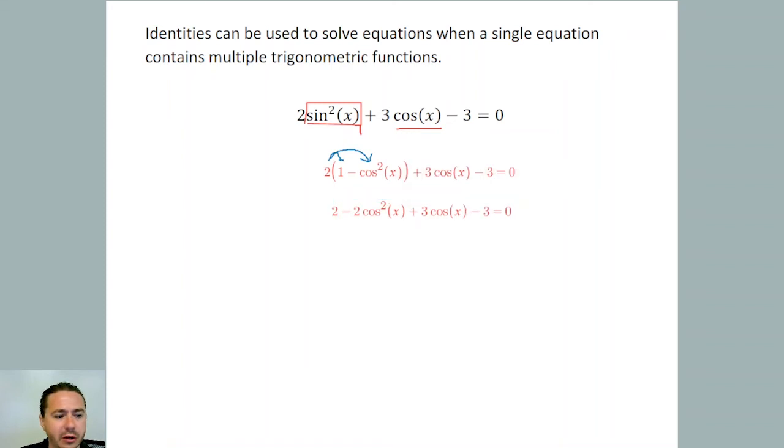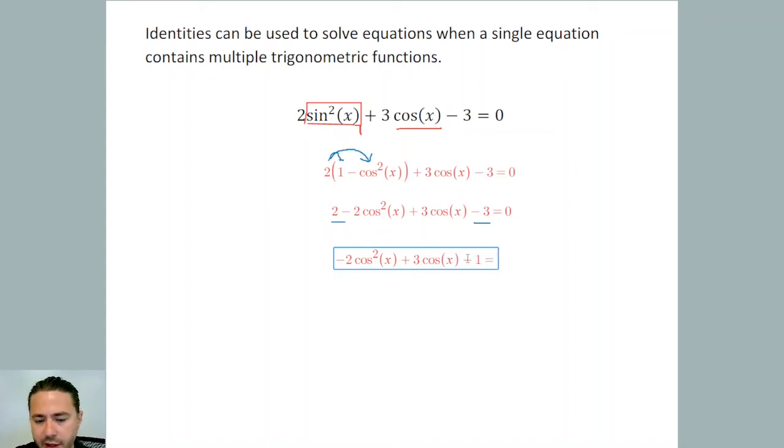I've got these two terms that I want to combine. 2 minus 3 would be negative 1. And so right now I've got negative 2 cosine squared x plus 3 cosine x and then minus 1.